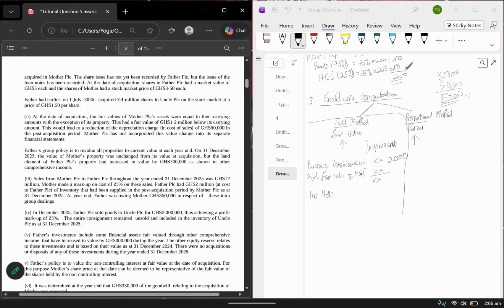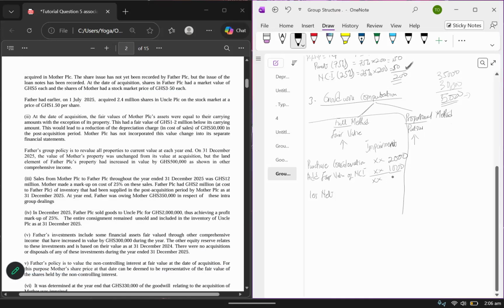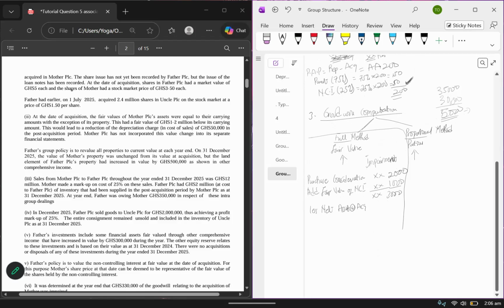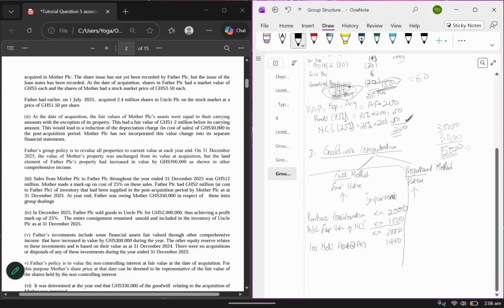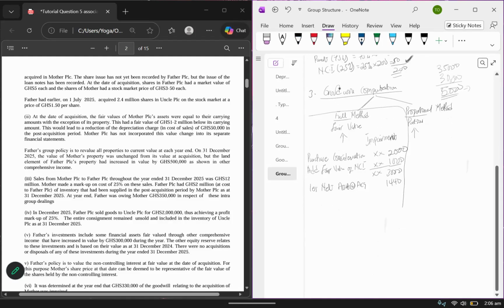Okay, so you find a fair value of NCI, maybe that one is 1,000. Okay, you get 3,000 here. Then you subtract the full amount of net assets at acquisition. In this case, it was 1,440.